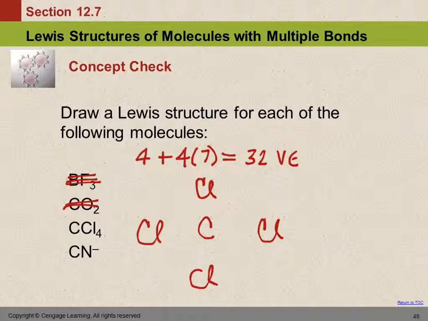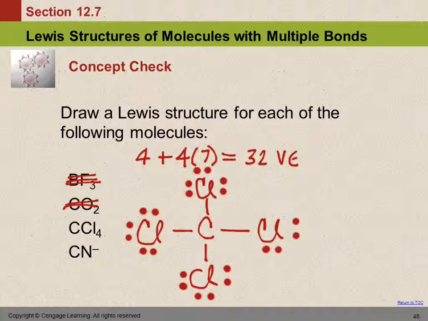And then we need to have a bond between them. There has to be at least a single bond to hold these guys together. We have 32 electrons, that's a lot. So we count the bonds, 2, 4, 6, 8, 10, 12, 14, 16, 18, 20, 22, 24, 26, 28, 30, 32.